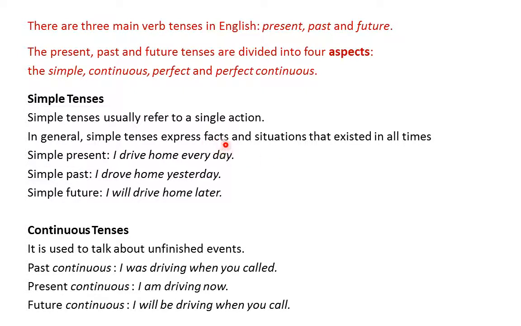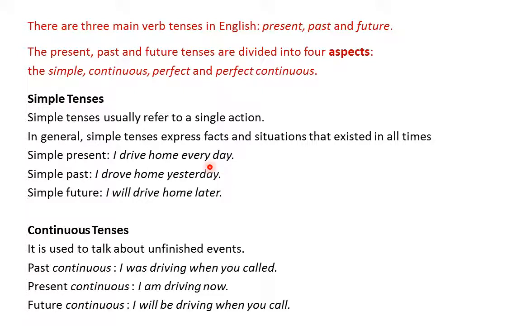Sometimes we have facts, like for example, a vehicle is driven by a person, or people drive cars. It means that cars couldn't be driven by themselves. They should be driven by people.